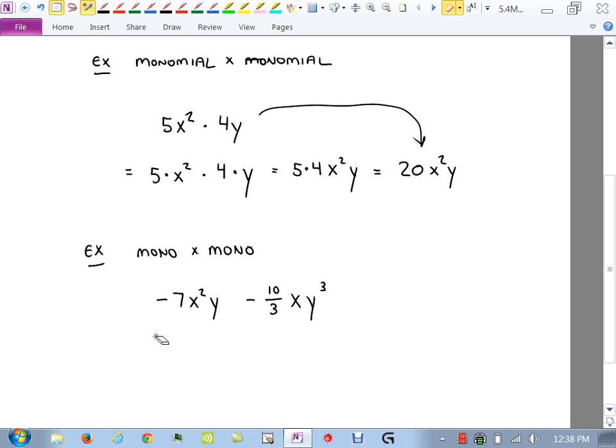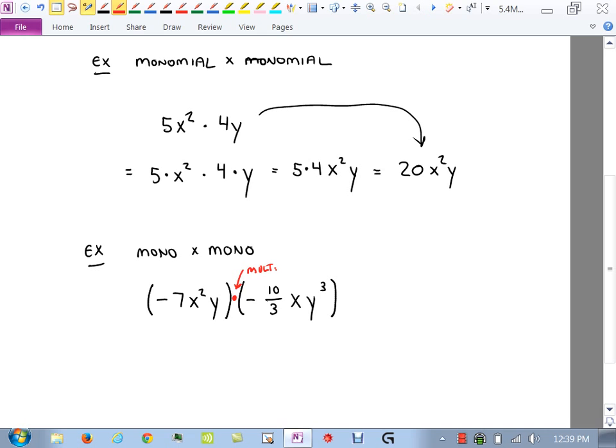Why? These aren't like terms, are they? X squared y, I would have to have x squared y on the other one. I don't. So if it was subtraction, we actually could not do anything here. That's why putting the parentheses around this is so important in the problem. It implies that we have multiplication right there in the middle.